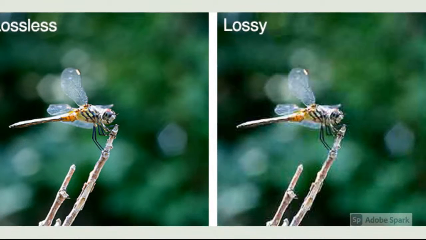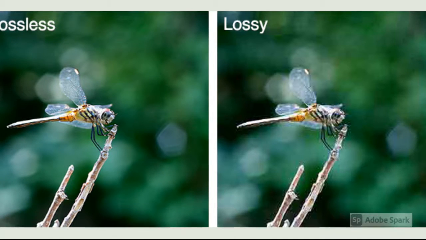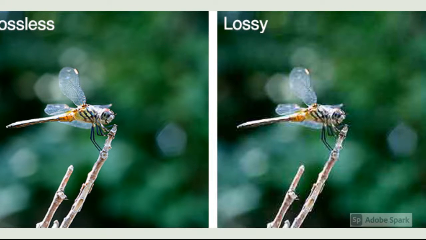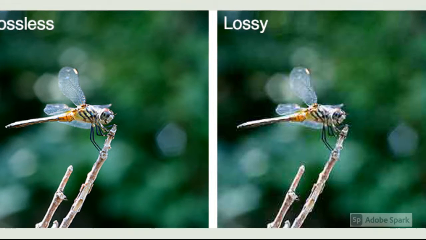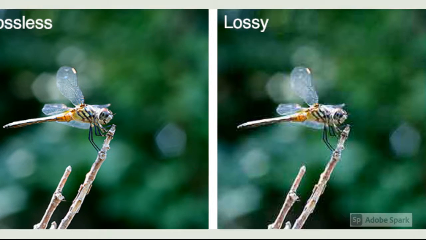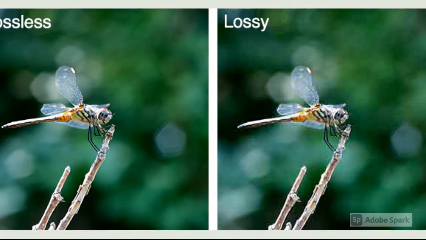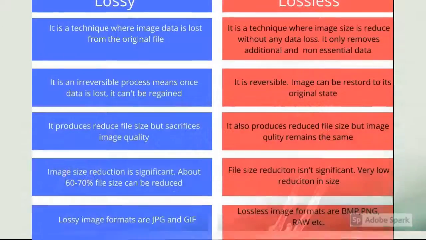Here is another example of lossless and lossy. You could see that lossy looks a bit more blurred. It has pixels missing, while lossless looks okay. So that's the main difference between lossy and lossless compression of images.